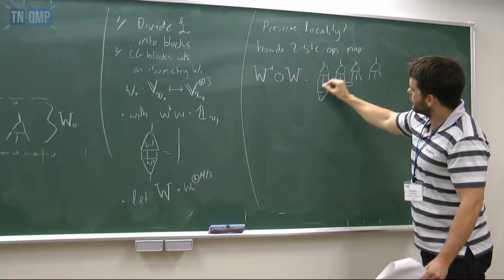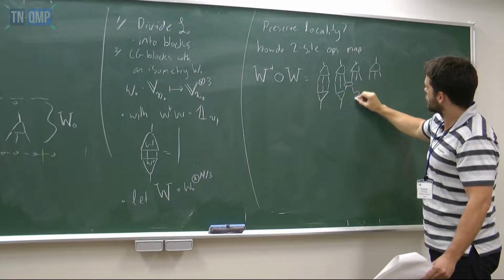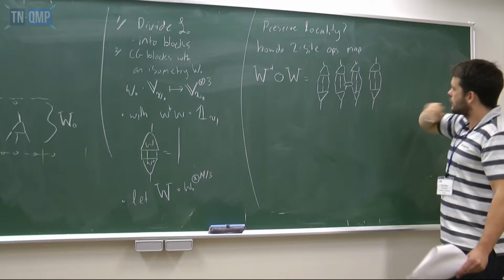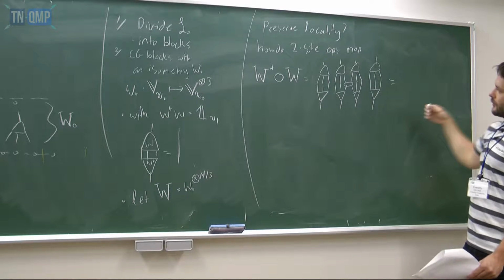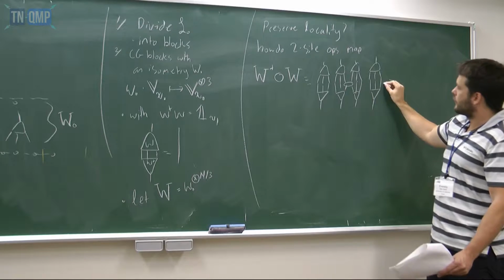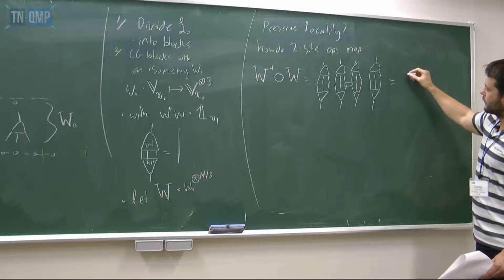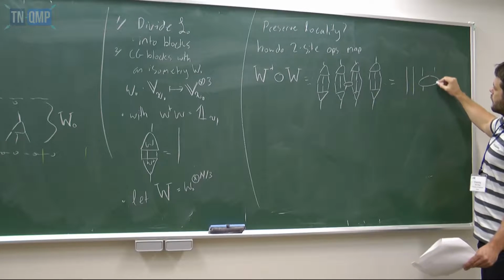Then we have the conjugate. Okay, so these isometries extend off onto either side, the whole lattice, but you can see W dagger W cancels out, so this just equals a bunch of identities and a new operator.